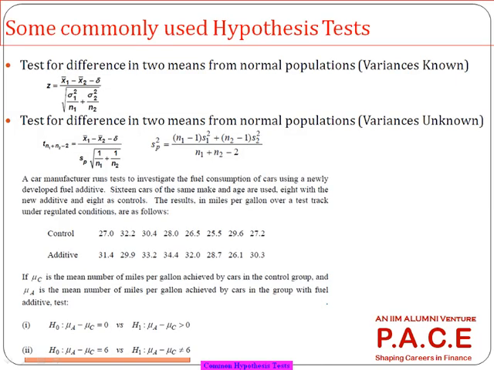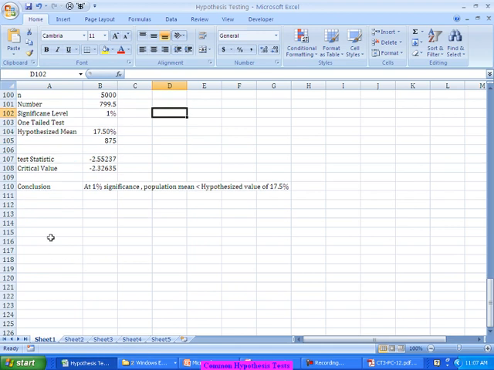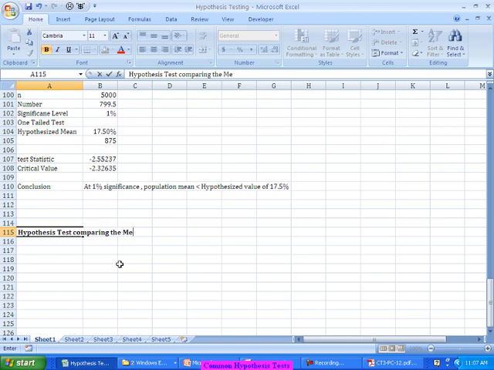Now again, differences between the means of the two different populations. Hypothesis test comparing the means of two different populations.